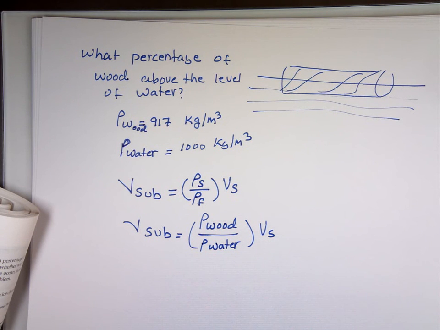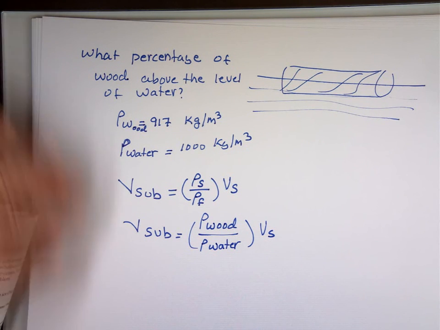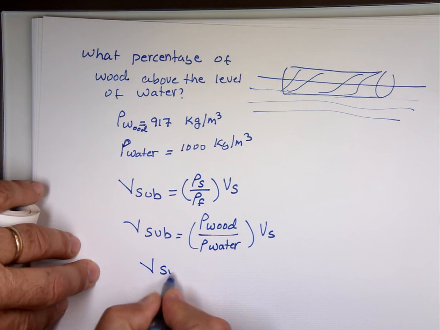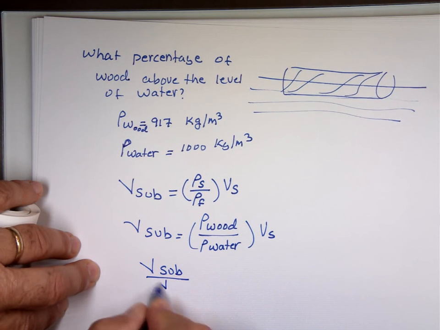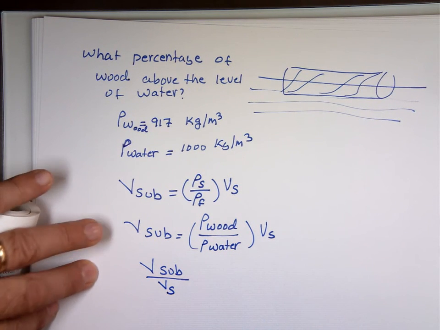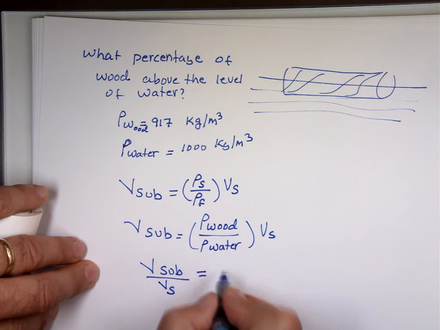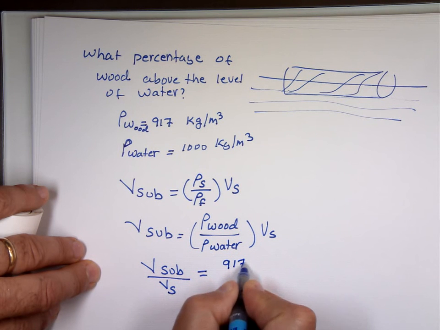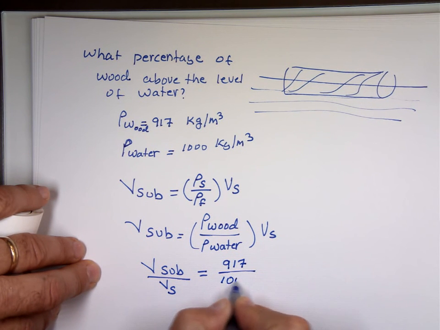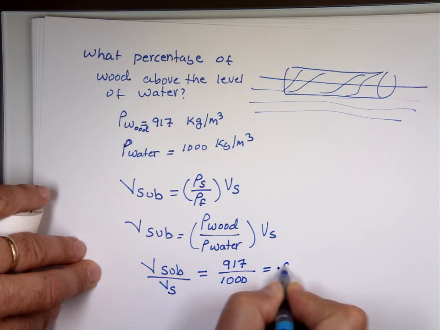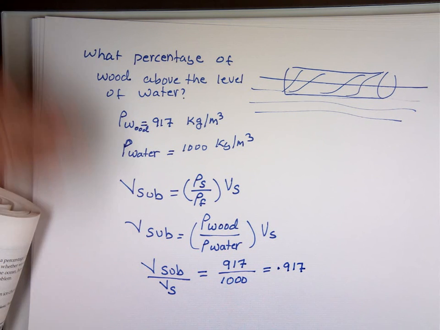So maybe I can find the submerged portion, the ratio to the solid. The portion submerged is going to be rho of wood, which is 917 over 1,000, which is 0.917. That tells me roughly 0.917 of that piece is going to be in water.